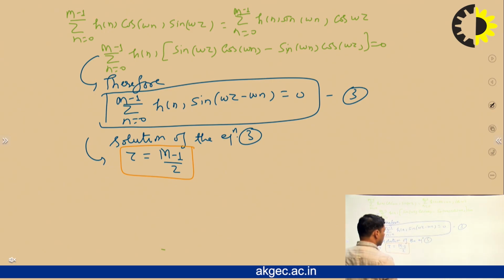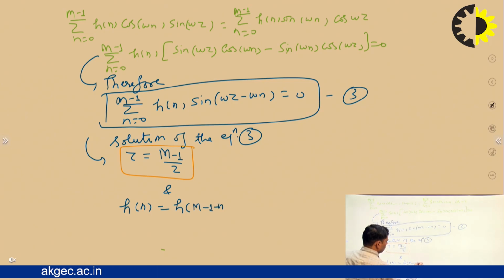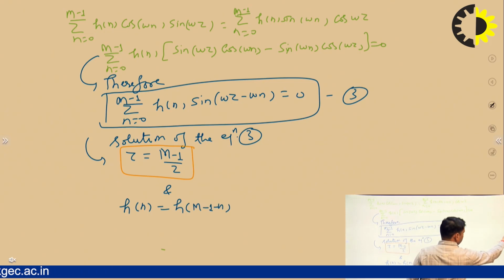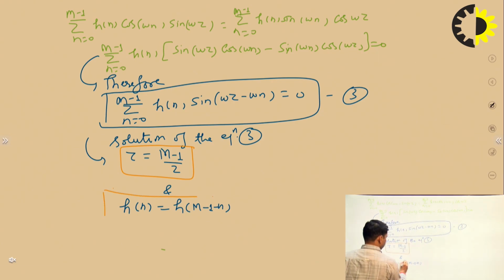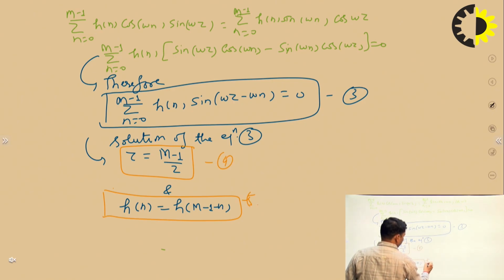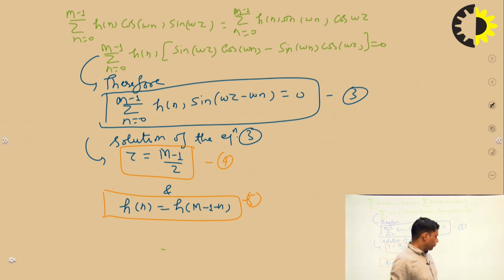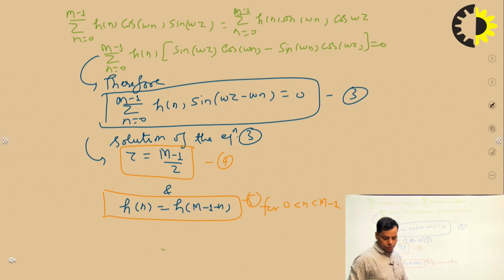The second result we get for the impulse response is h of n equals h of m minus 1 minus n. These are equations 4 and 5, for the condition n greater than 0 but less than m minus 1.